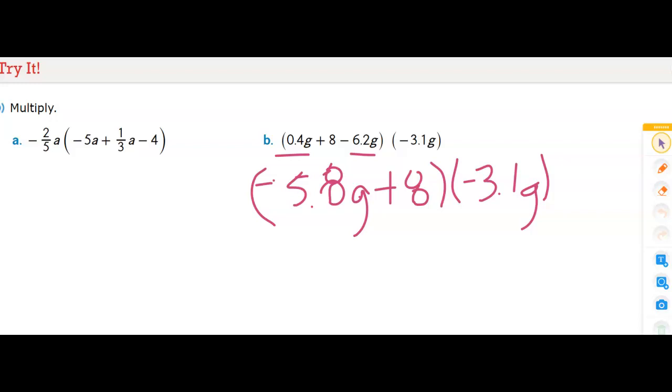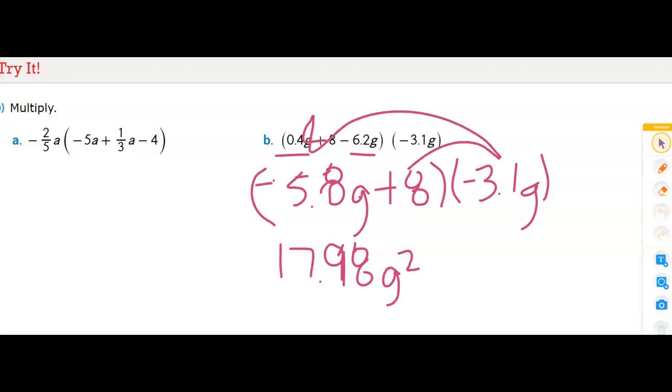Right now we're going to distribute. So that would be times 3.1. That's 1798 G squared, because we're multiplying, distributive property.